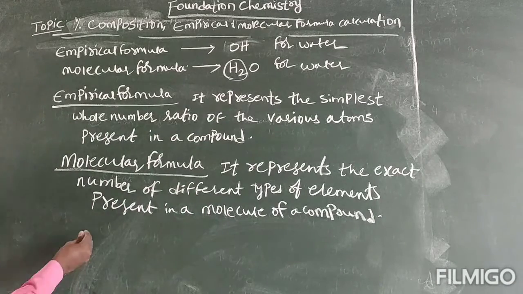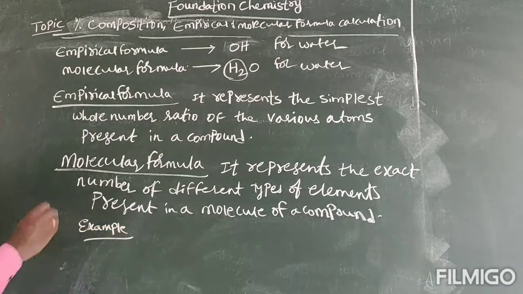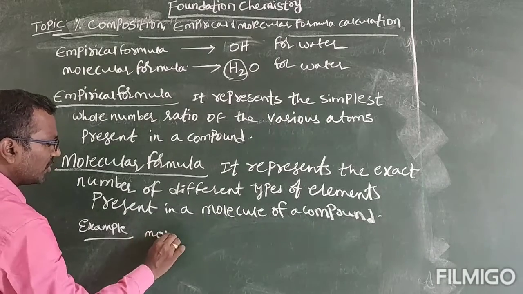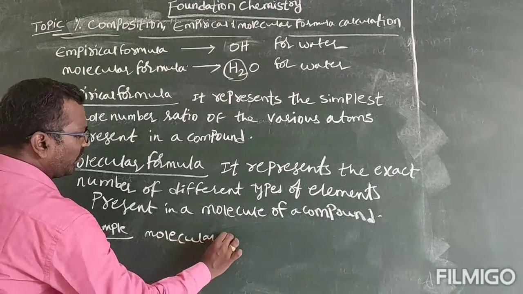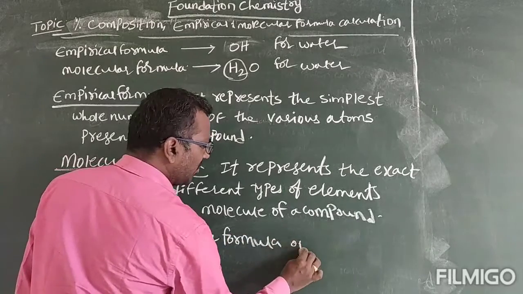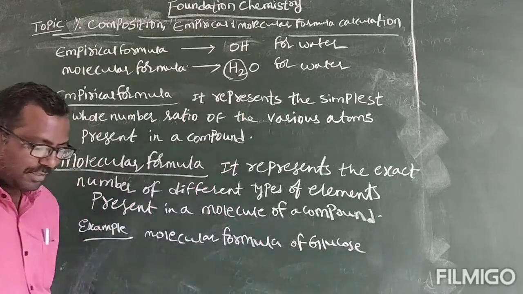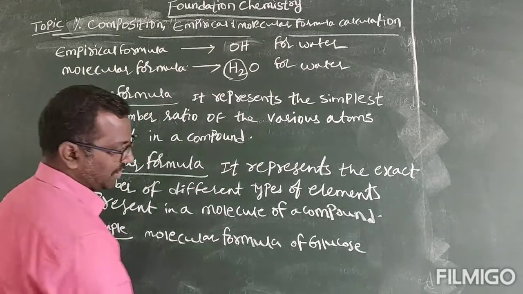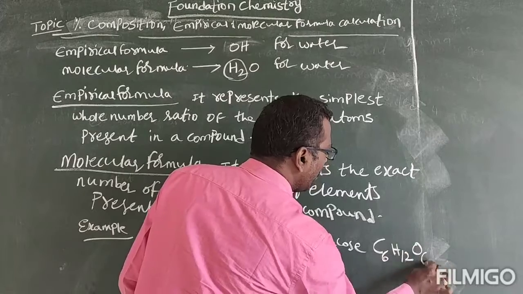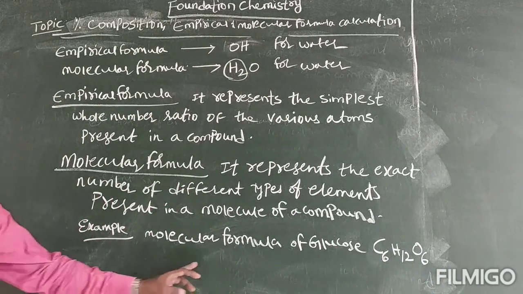Suppose, let us take an example. The molecular formula of glucose, how will you write it? C6H12O6. We all know this. C6H12O6 means you are saying the exact number.